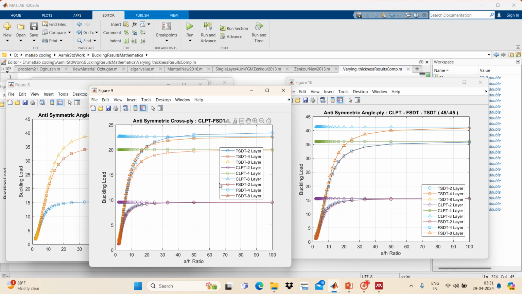So we can say that the results are close, and for the 8-layer laminate we have shown the results here. For this anti-symmetric cross-ply laminate we have seen that classical plate theory gives much error up to an a by h ratio of 40, and after that the results are close to the first order or third order shear deformation theory.